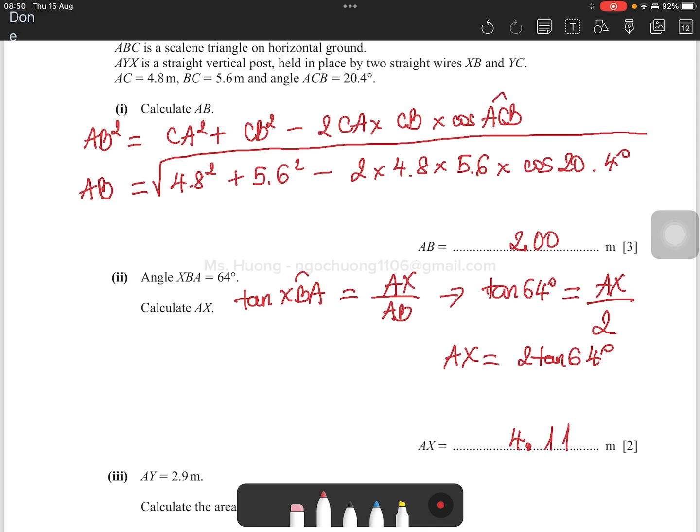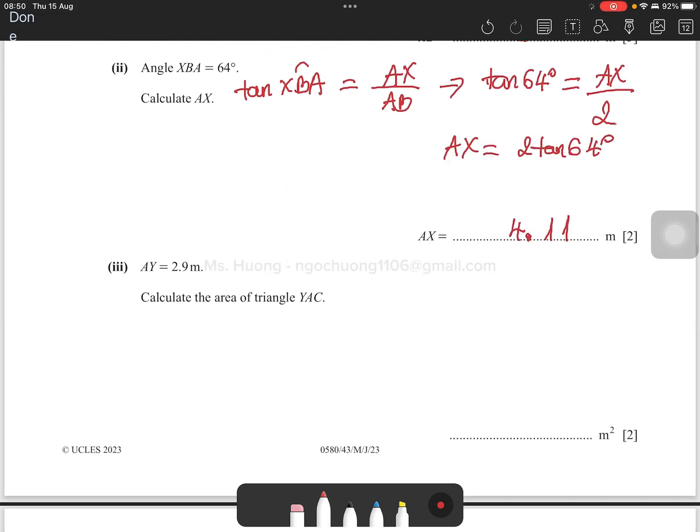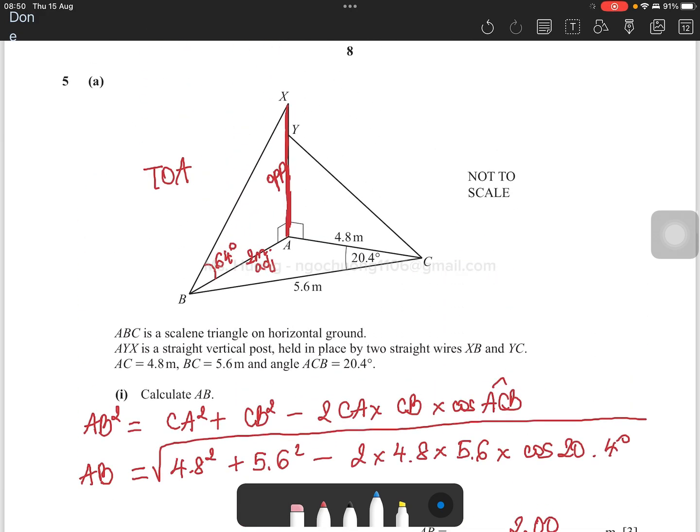So it is 4.11 meters. The third question. AY is 2.9 meters. Calculate the area of triangle YAC. AY, this is 2.9 meters. Now we calculate the area of the triangle AYC.